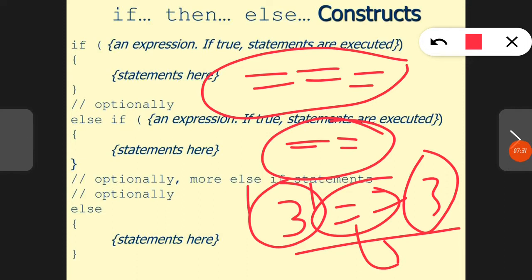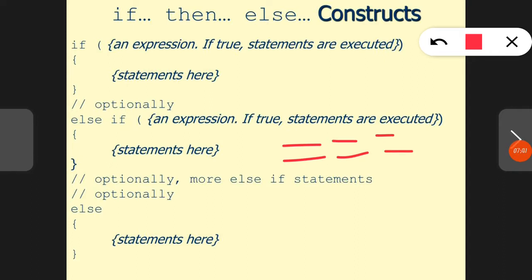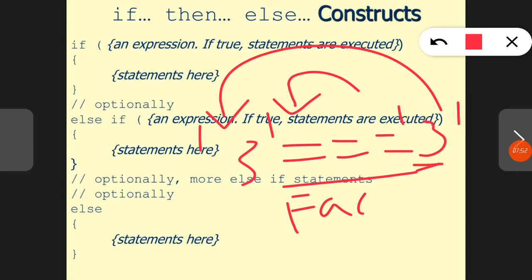Okay, instead of that, if you want to check whether both the operands are strictly equal, in that case you have to use this operator, that is the triple assignment operator, and you can place the operands like this, and this expression results in the value false, because 3 is not equal to string type 3.